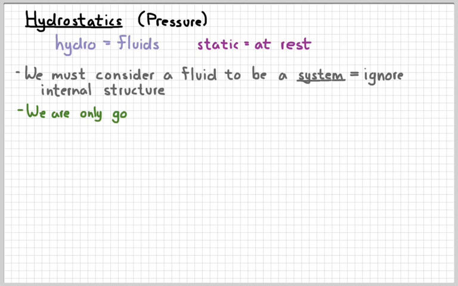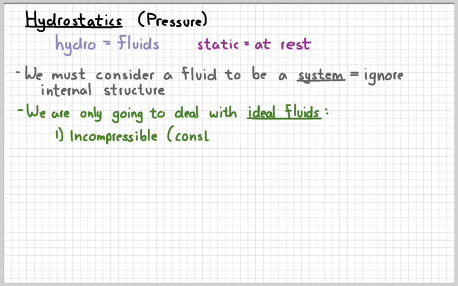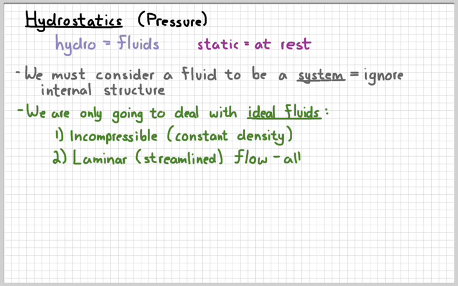In this unit, we're only going to be dealing with ideal fluids. An ideal fluid means three things. One, it's incompressible, meaning you can't squeeze it and change its volume. Another way to say that is it's got a constant density. The second thing is that when these fluids start moving, they move with a streamline or laminar flow, which means all the fluid moves in the same direction.